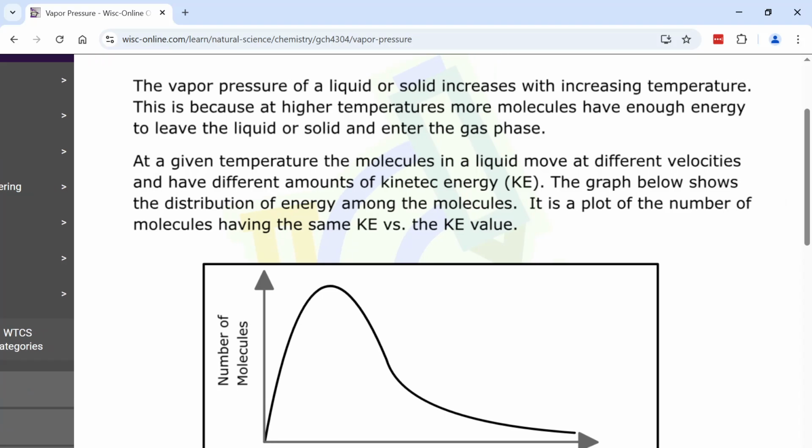The vapor pressure of a liquid or solid increases with increasing temperature. This is because at a higher temperature, more molecules have enough energy to leave. So at a higher temperature, you would have more molecules over here with a higher kinetic energy, and thus they would be able to leave the liquid phase. Is that good? Okay.